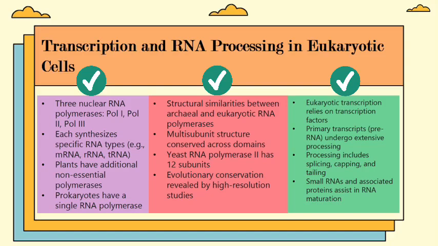All three major types of eukaryotic RNAs, the mRNAs, rRNAs, and tRNAs, are derived from precursor RNA molecules that are longer than the final RNA product.